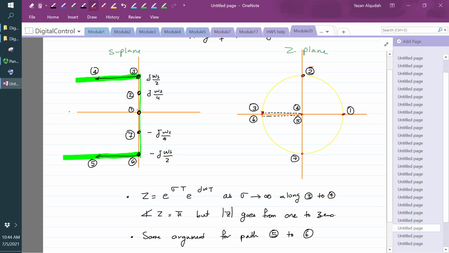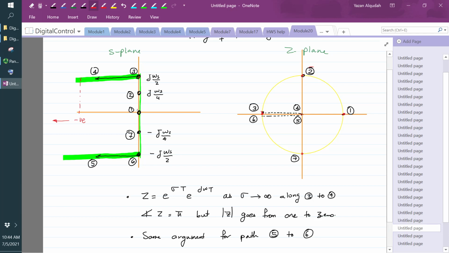If I am at this point here, this sigma is a negative value, so e to a negative value that is very, very large is going to be very small. The farther I am from the origin, the larger that negative value and the smaller e to sigma t. That's why at infinity, I'm going to be at the origin.